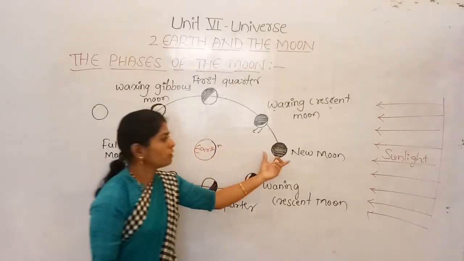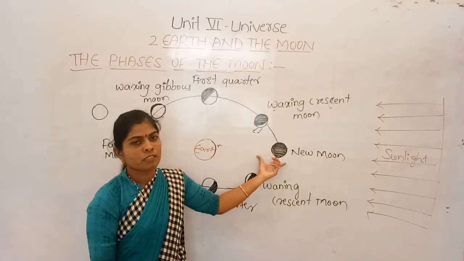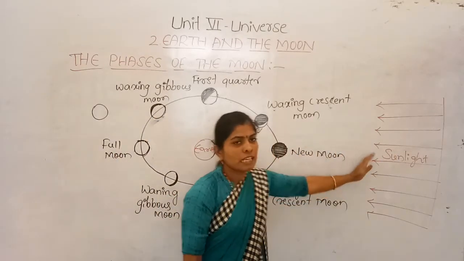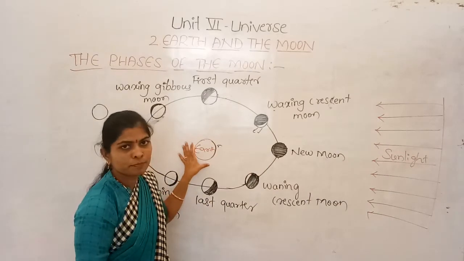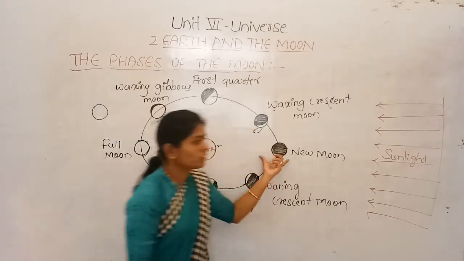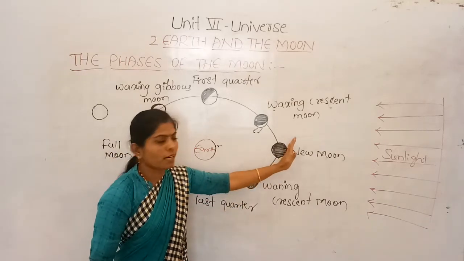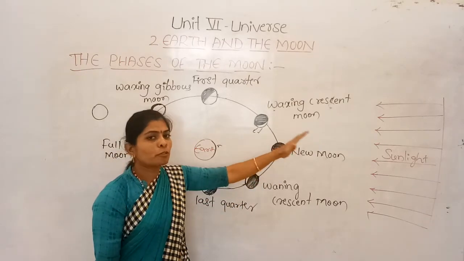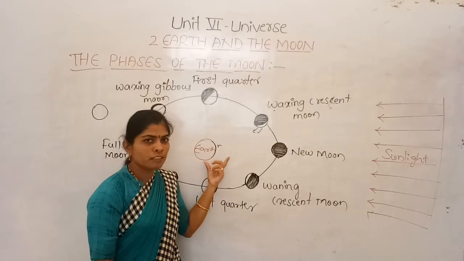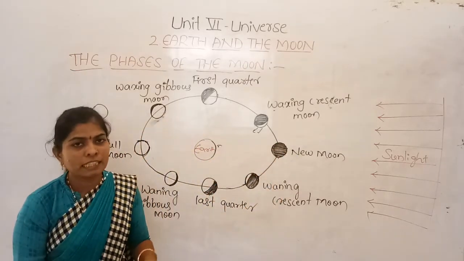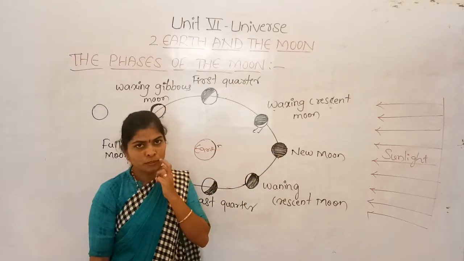Yes. So the new moon occurs like this. This is the sun, the sunlight, and this is the earth. New moon means the lit part is opposite to the surface of the earth, so we are not able to see the moon clearly, and this is called the new moon.